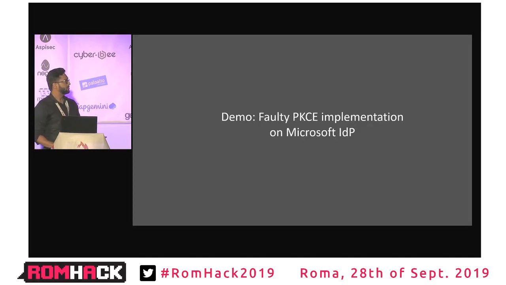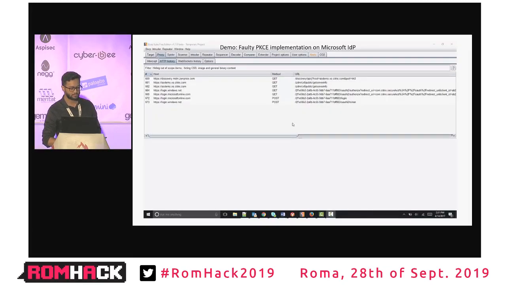So this is a bug I found with Microsoft's implementation of PKCE. Microsoft's identity provider, which is login.windows.net, had a faulty implementation of PKCE. So we're going to go through the demo here.